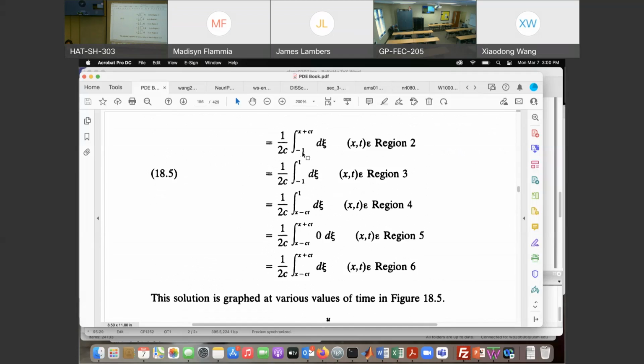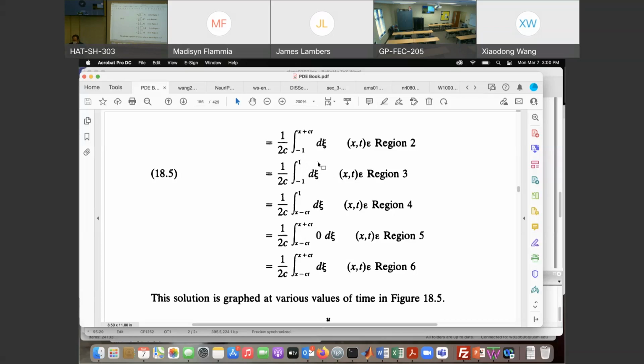Sometimes the lower limit is minus 1, and sometimes the upper limit is equal to 1, just because of where the initial data happens to be non-zero.